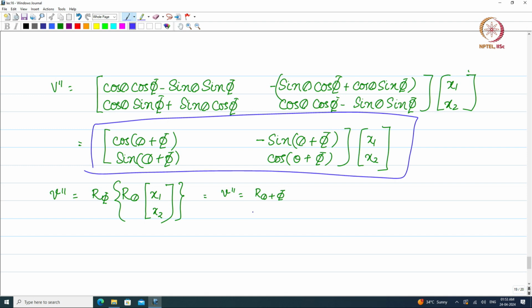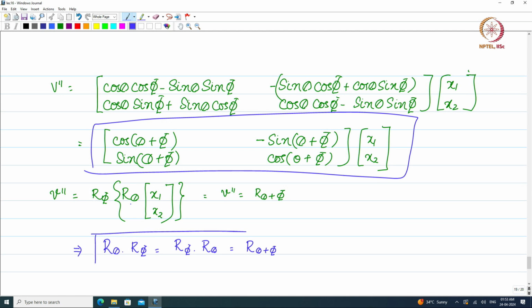So, what we see is if you want to rotate a vector by an angle theta and then by an angle phi, it is equivalent to rotating it by a total angle which is theta plus phi. Now, incidentally we can see that r theta plus phi, that means applying r theta first and then r phi next, is the same as applying r phi first and then r theta next, which implies r theta into r phi is equal to r phi into r theta, which is the same as r theta plus phi.